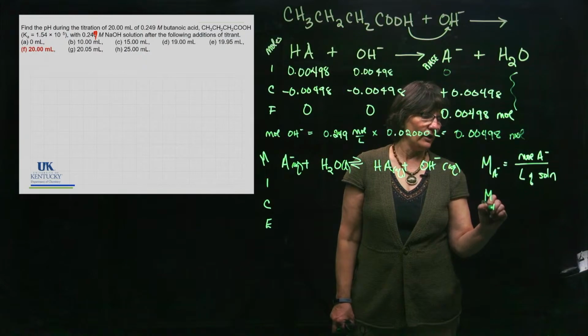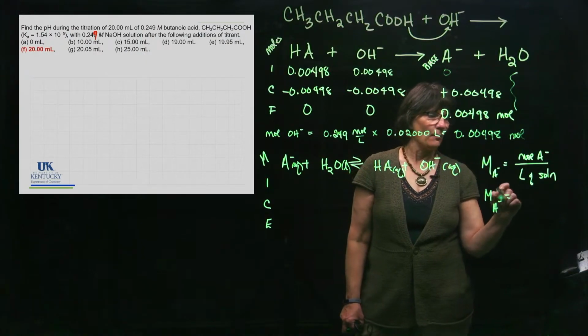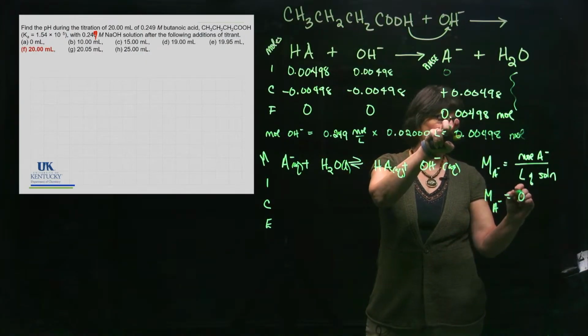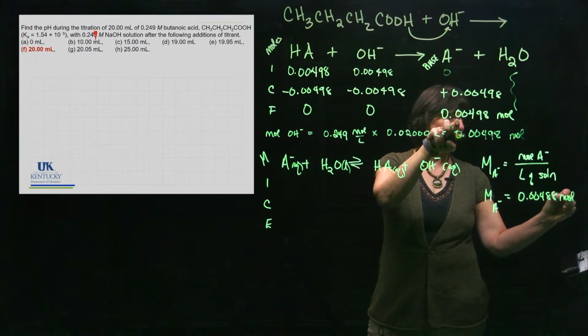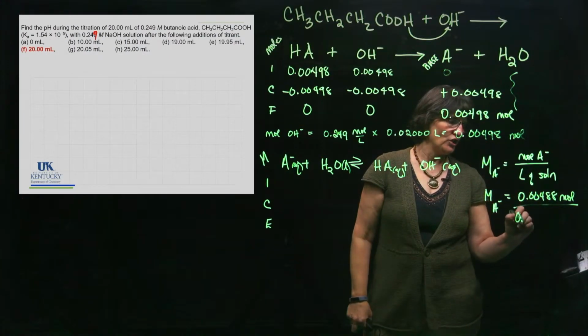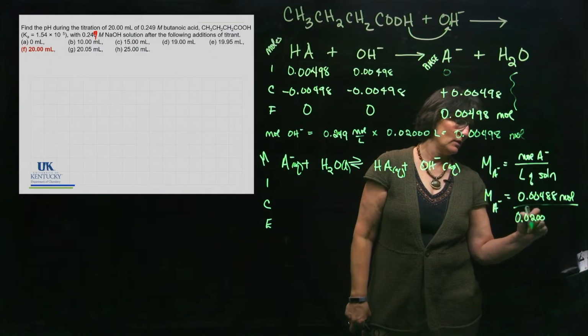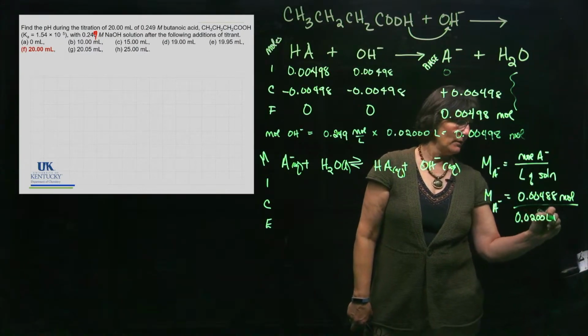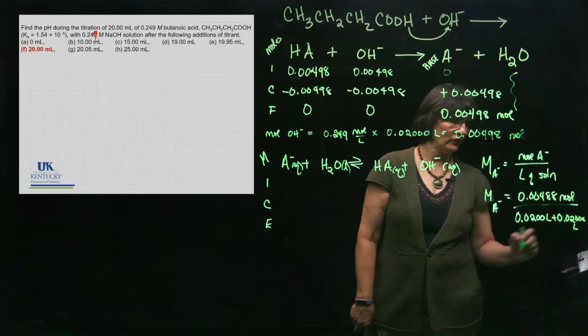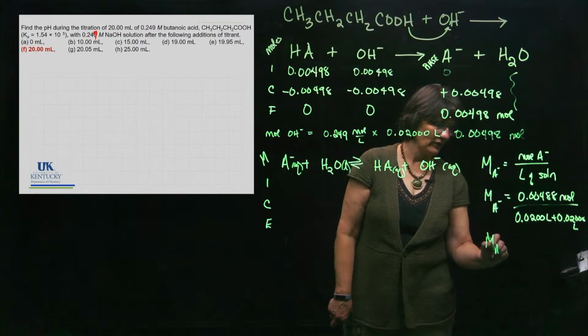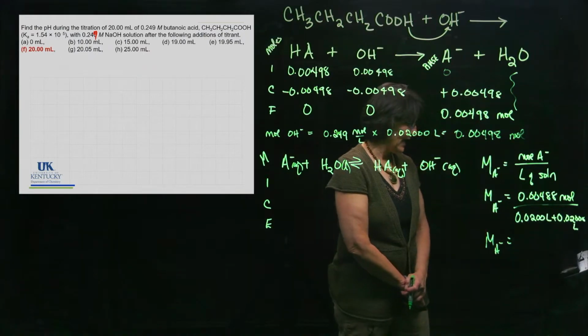So to get the molarity of this A minus, I'm going to take the moles, which comes out of this table, and divide by the volume, which is 20 milliliters, which is this many liters, plus 20 milliliters, which is this many liters, and that will give me the molarity of this anion.